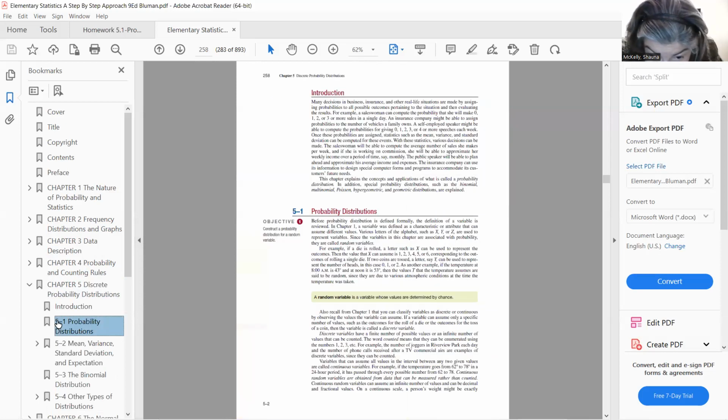So be sure you're reading it. Okay. So when she says, for number 1, define a random variable, here it is. This is the definition of a random variable. It's a variable whose values are determined by chance. Okay? That's what a random variable is.